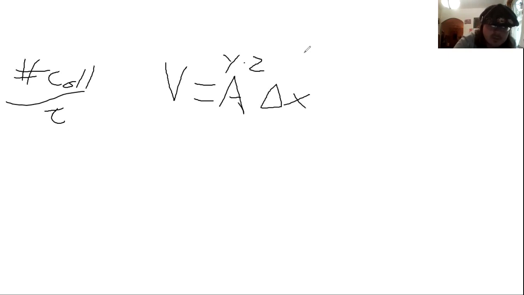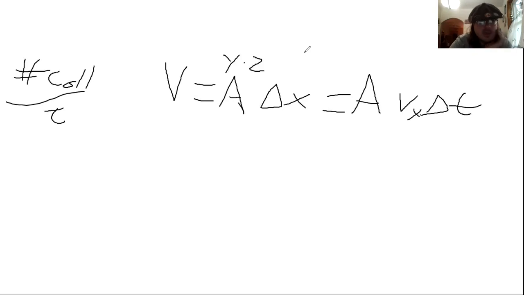As the particle is moving across that box, the change in x of a moving gas particle is equal to the velocity of that gas particle times a change in time. So you know the distance traveled by a set velocity and a change in time for a particle to get from one wall to the other wall.